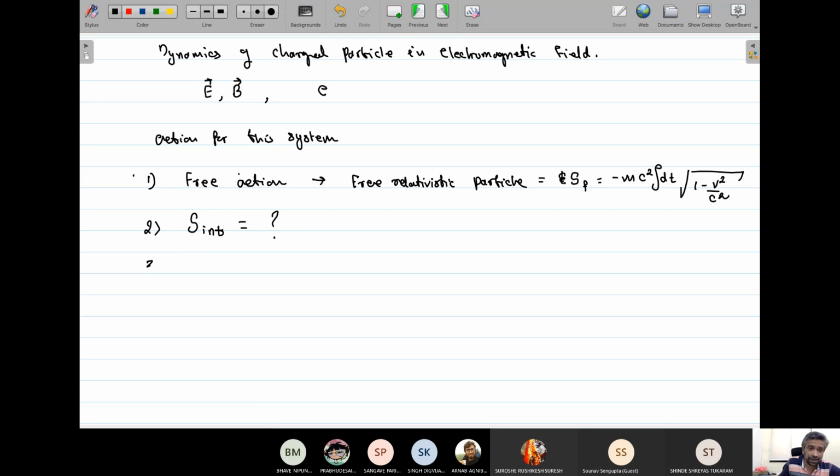And if I calculate the Euler-Lagrange equation of motion from this action, I should get the familiar equation of motion. What do you expect? What is the equation of motion for a charged particle in an electromagnetic field?